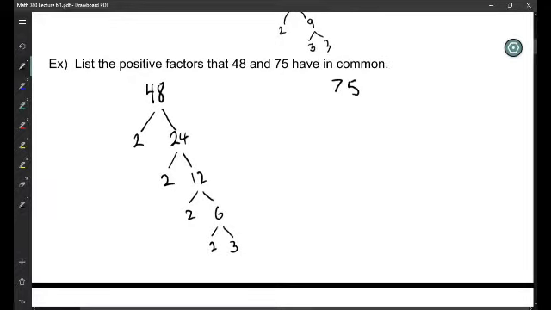75, the fact about 75 that should jump out at us is that it ends in a 5. So it's divisible by 5. And 75 divided by 5 is 15.